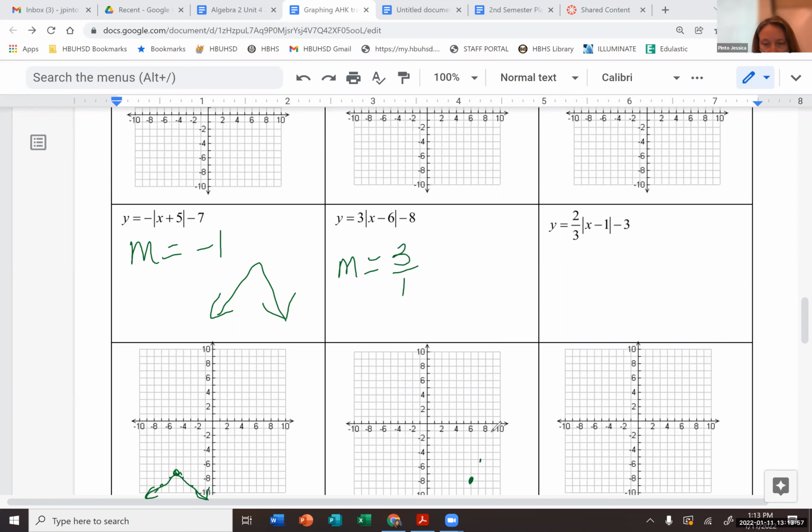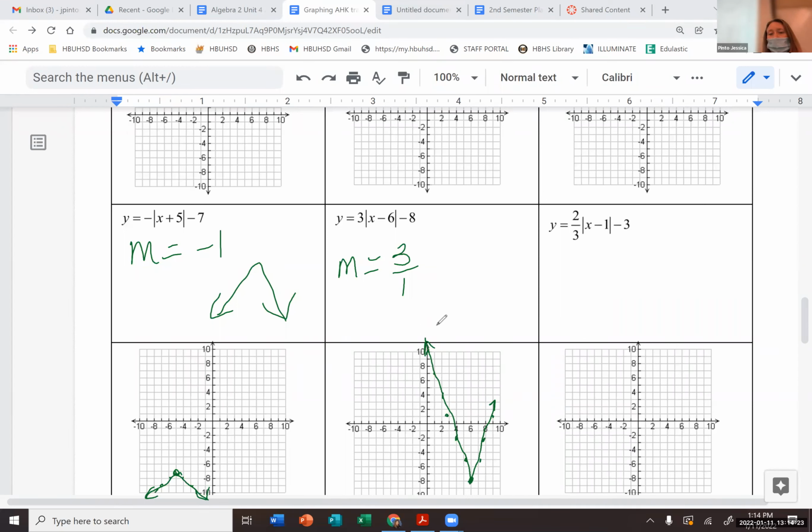Up 3 and over 1. So my x-intercept is not a whole number. I go up 3 and over 1 the other direction to make it look like a V. And I will find the y-intercept if I can. Beautiful.